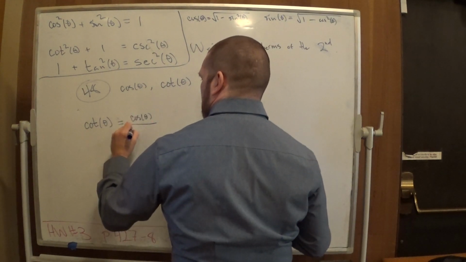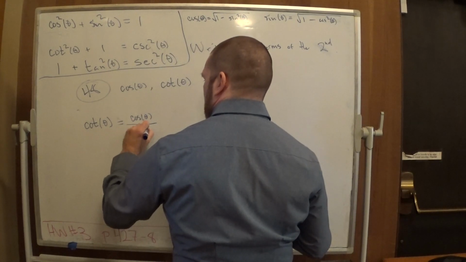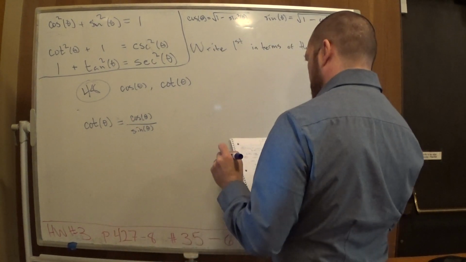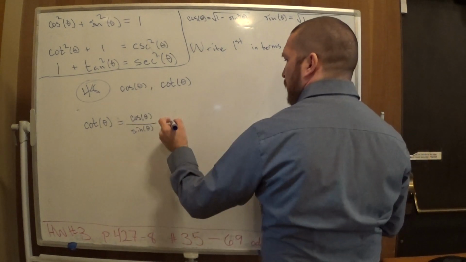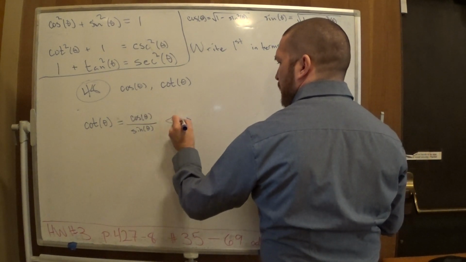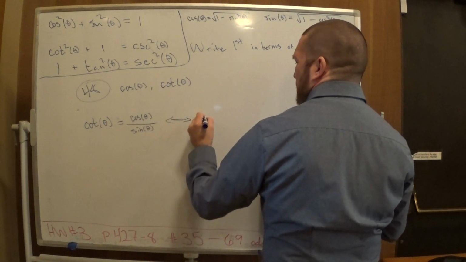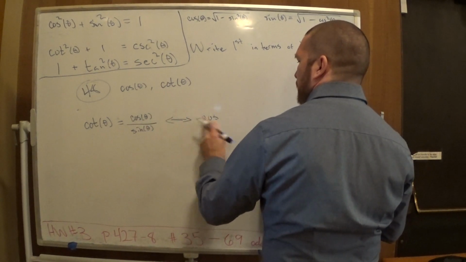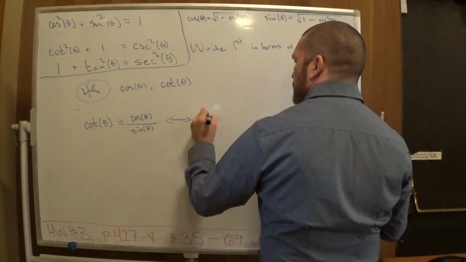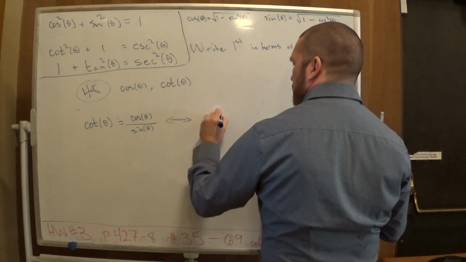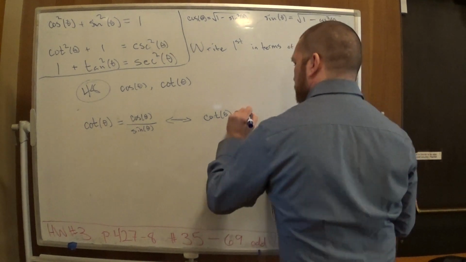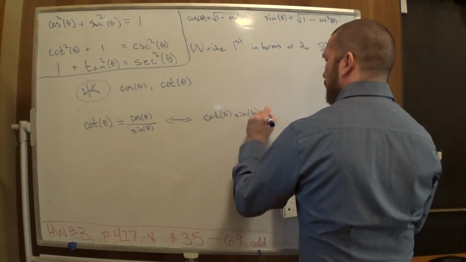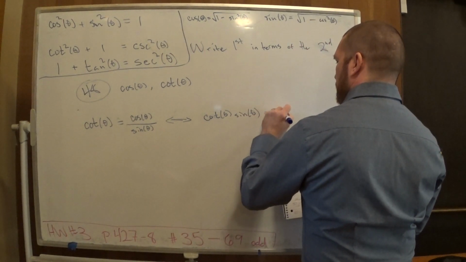And so I thought, okay, cosine's the thing I want over here, so we're doing it backwards. I'll keep everything on the correct side. So I'll just bring sine upstairs. So I have cotan times sine equals cosine, okay?